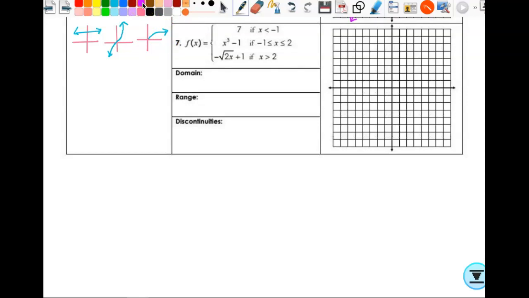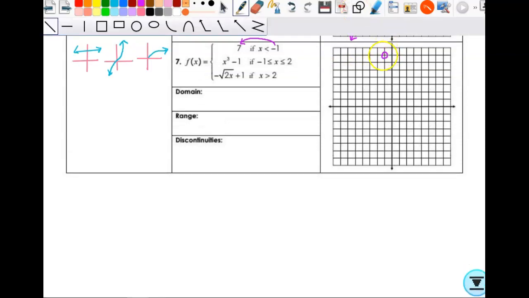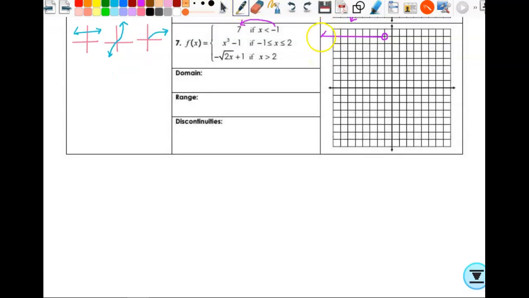So I'm going to start with my endpoints. My endpoint's negative 1 when y equals 7. So I go to negative 1, 7, and that is an open circle. And I'm going to have a y value of 7 for everything less than negative 1. So then I just draw that in. Make sure I put my arrow on the end to show continuity there.